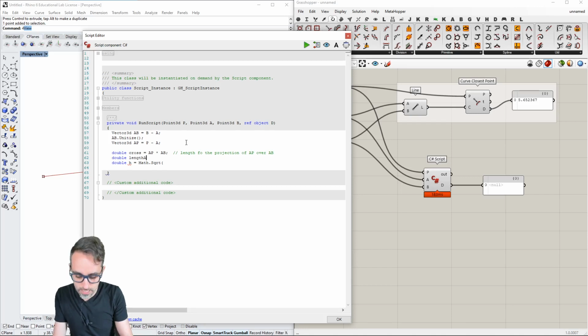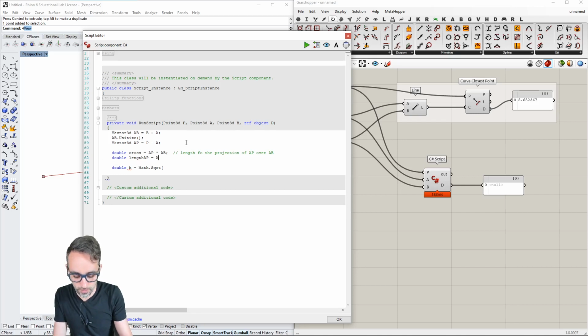Length of AP is going to be AP dot Length. Then we just take the square of that: length AP times length AP minus the square of the cross product.